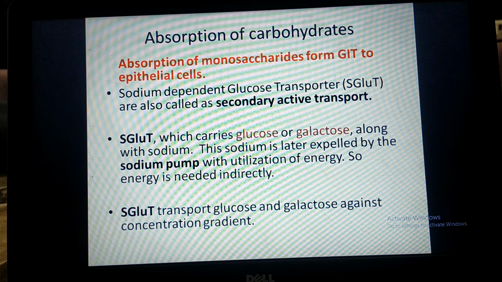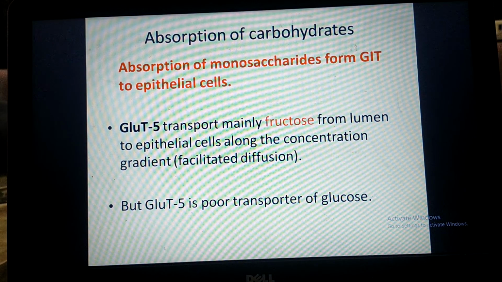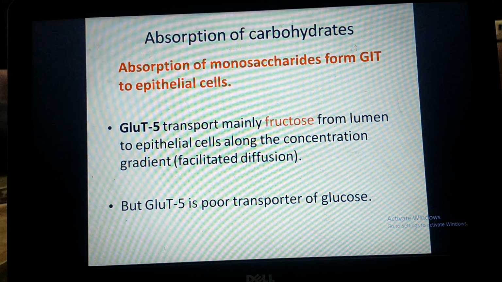The sodium dependent glucose transporter transports glucose and galactose against the concentration gradient, but sodium along the concentration gradient. Same thing, glucose transporter 5 will transport the fructose from the lumen into the epithelial cell. It is called facilitated diffusion.